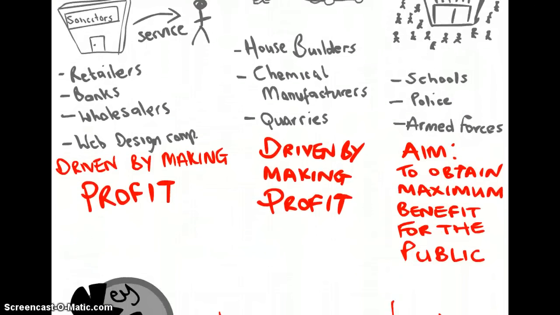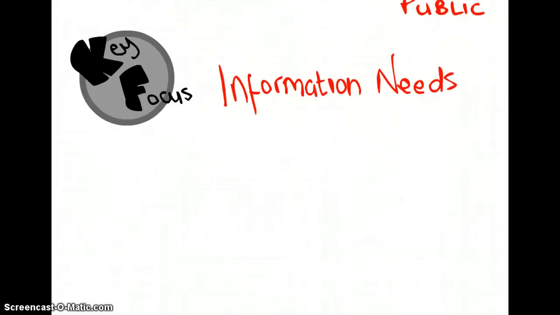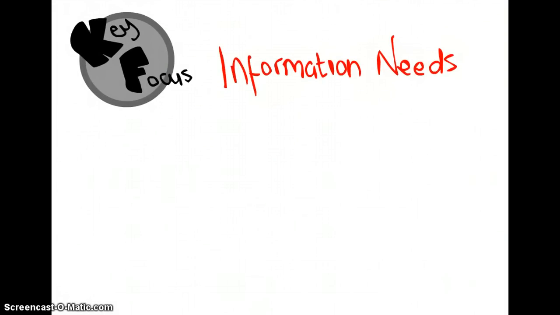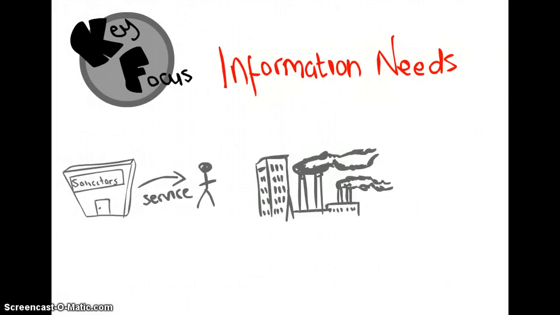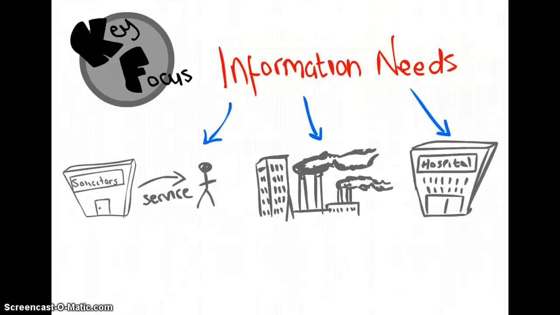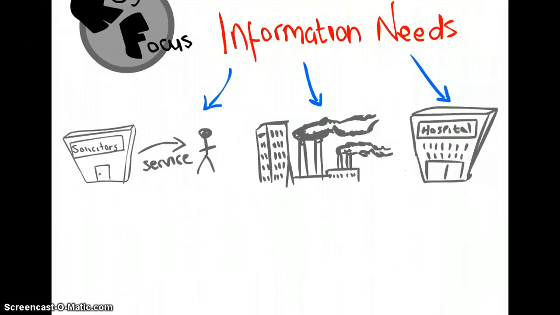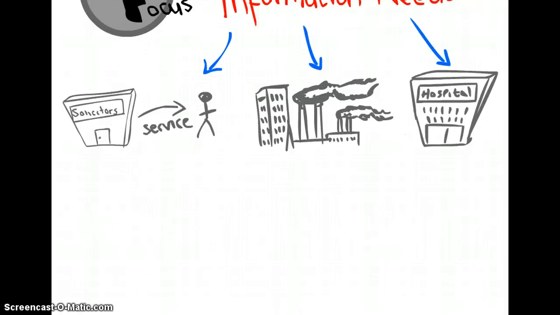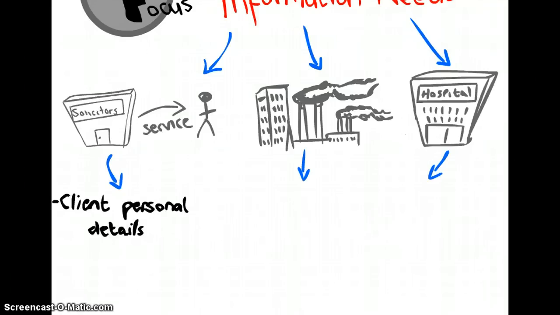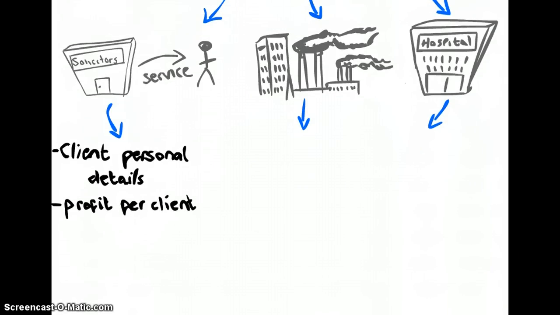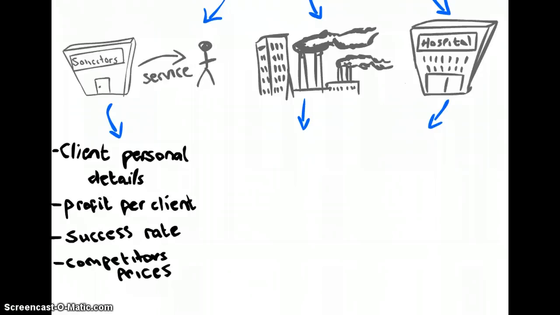So let's go back to our key focus, information needs. Different types of organisations all have their own information needs. For example, a solicitor would require clients' personal details. They would require profit per client. They would require success rates. They would require competitive prices.